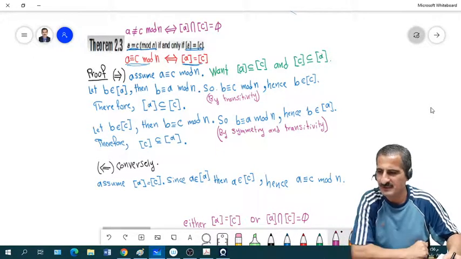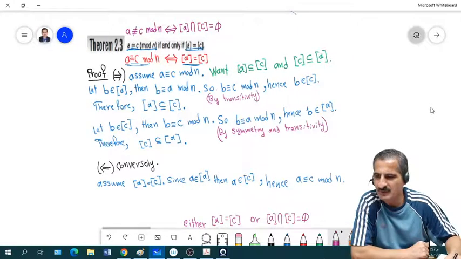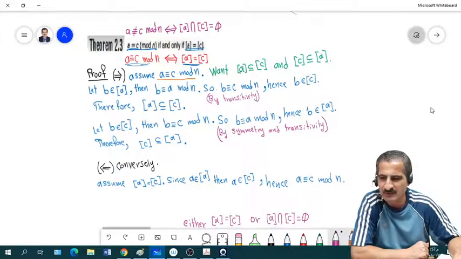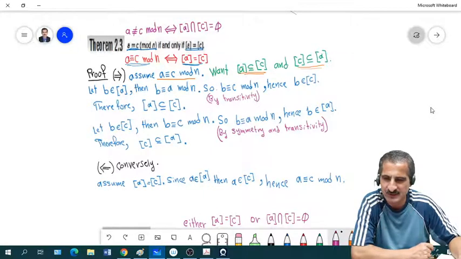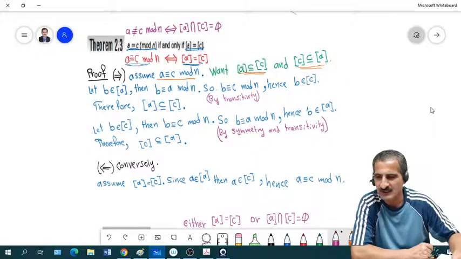We will prove this direction, which means we assume A is congruent to C modulo n, and we want the equivalence class of A to equal the equivalence class of C. So we will show the equivalence class of A is contained in the equivalence class of C, and conversely. How do we do that?